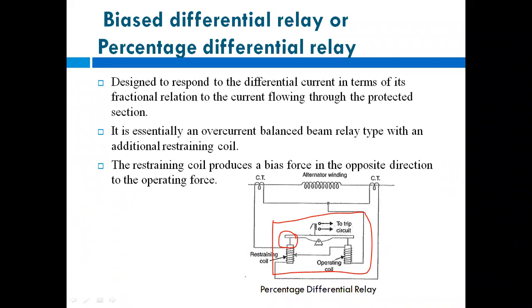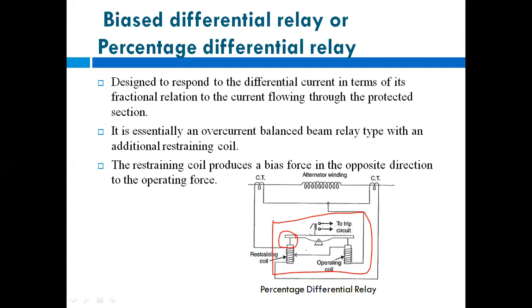In this restraining coil there is a spring, and by changing these windings we can change the force. That is called the bias force. Here the restraining coil produces a bias force in the opposite direction to the operating force.